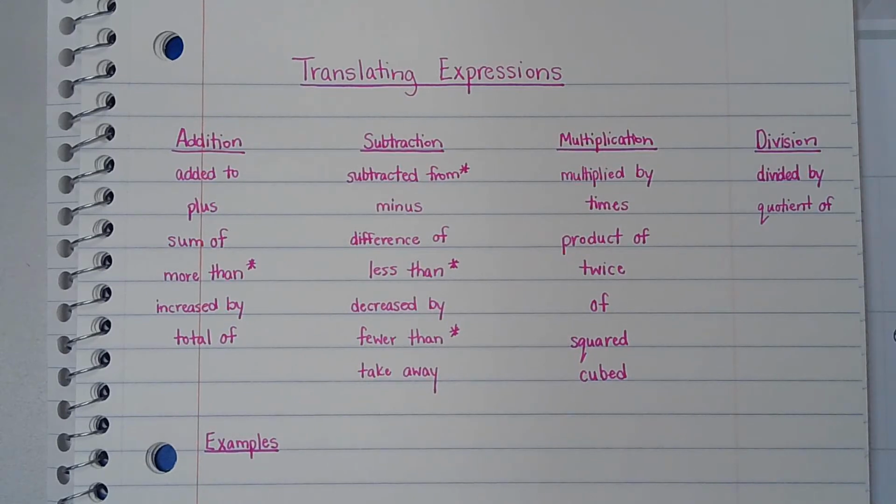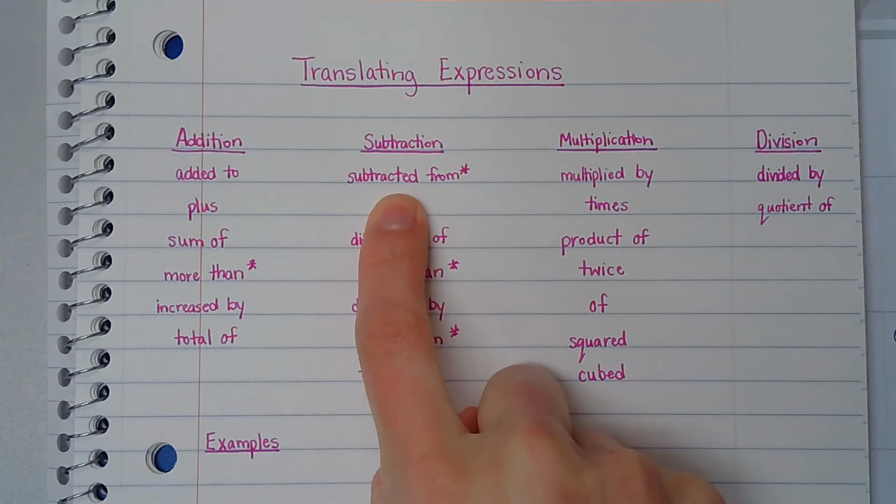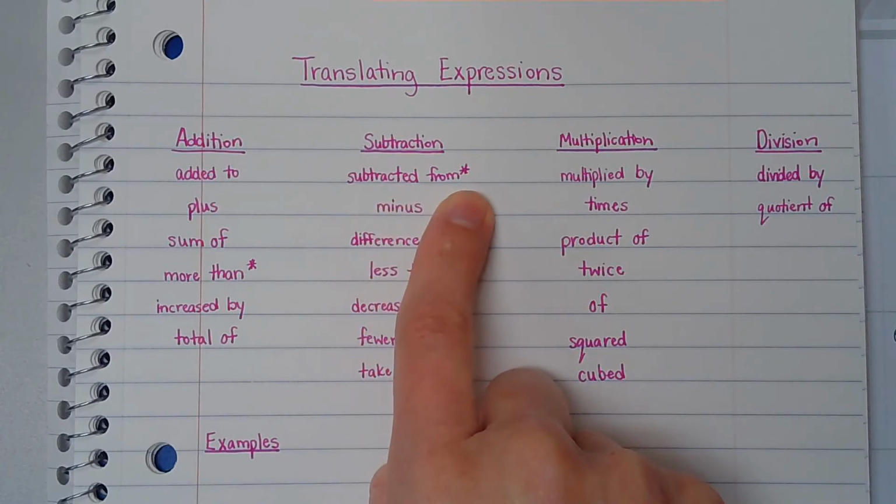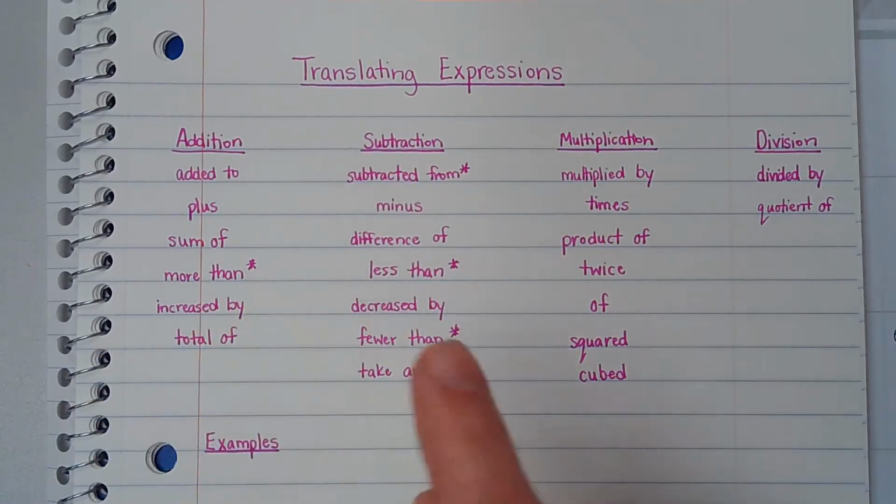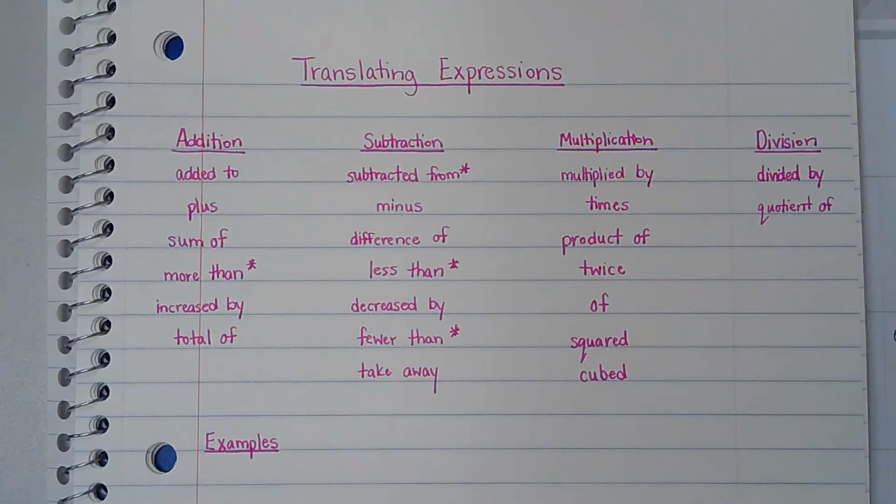So what I mean by that is, if the sentence said 9 subtracted from 16, most people would want to write that as 9 minus 16, all right? But when you have subtracted from, it's one of those starred words, so you have to flip the order. So it's actually going to be 16 minus 9, okay? Because you're taking 9 from the 16.